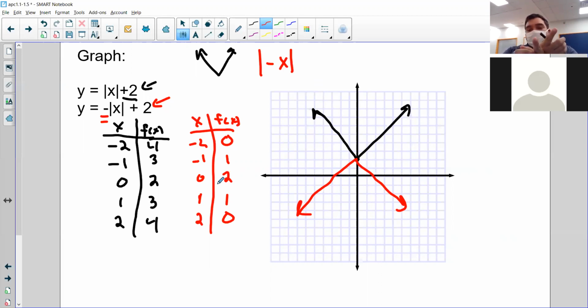The issue, and the reason why I didn't put it in this one, is that the horizontal flip of the absolute value is still the same thing. It looks exactly the same. So it's not really portrayed here, but just remember, if it's inside the function, it's going to be a horizontal flip. Outside the function, it is a vertical flip.